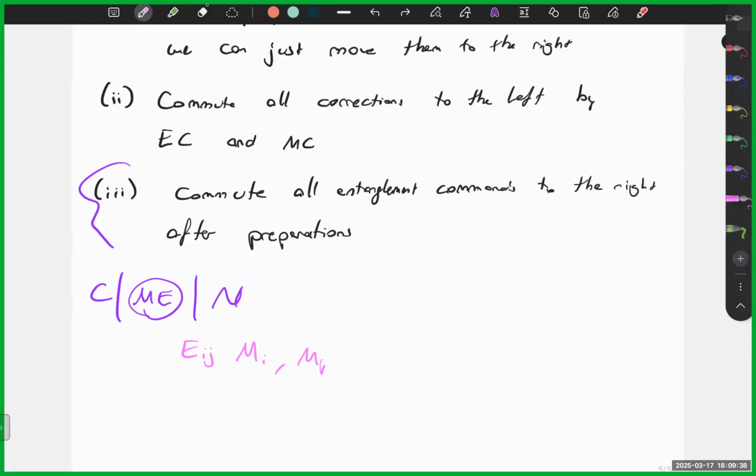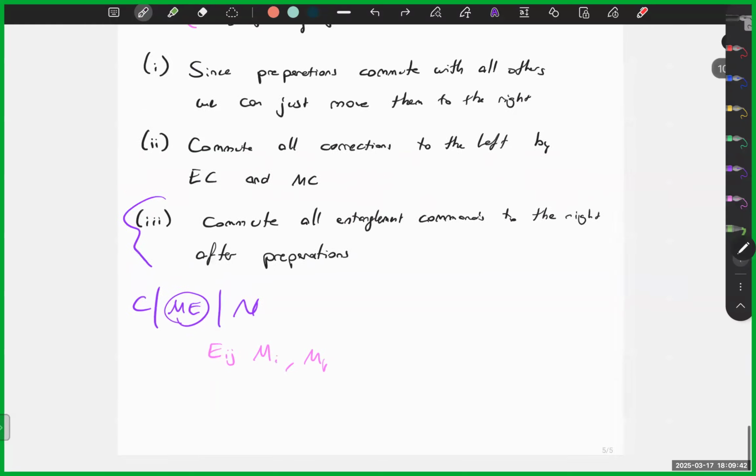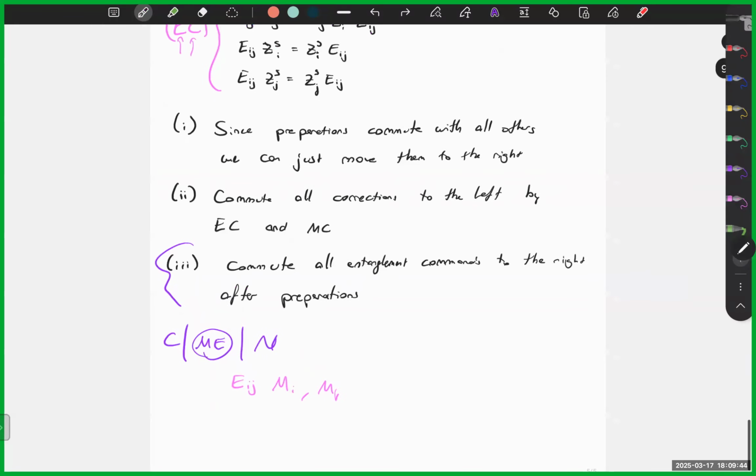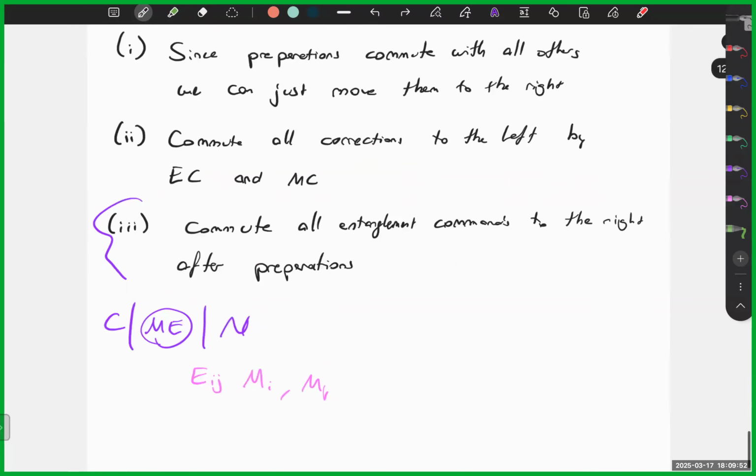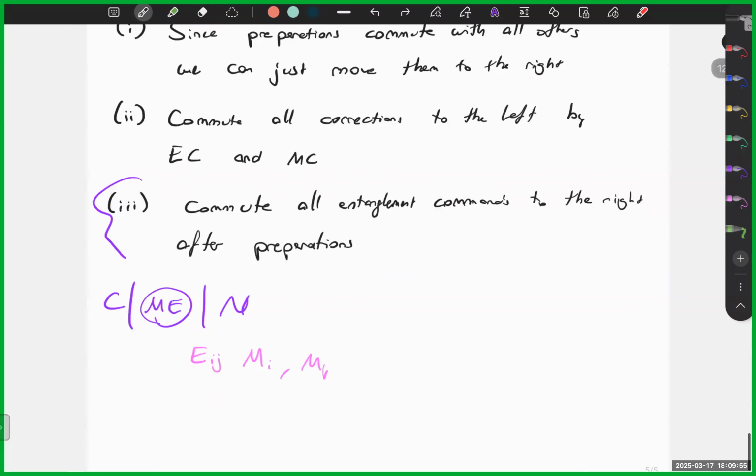I can explain it a bit more if it seems confusing. So you're moving the entanglements right before the end, right? Using some of these rewrite rules, I guess. For the last part, you say?